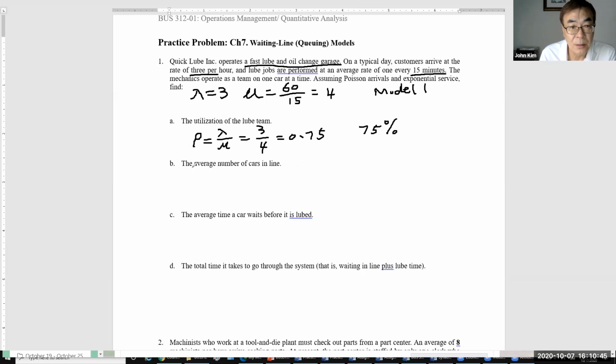And the average number of cars in line, LQ, equals lambda squared divided by 2 mu. It is 2 mu, am I right? Let me check. No, it is not 2 mu.